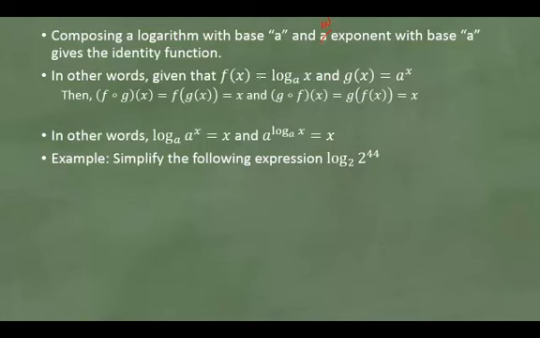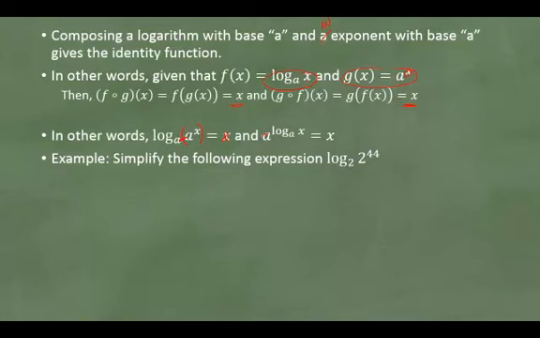In other words, if you have a function f of x equals log base a of x and g of x equals a to the x power, and if you compose them in whatever direction, f of g or g of f, you should always get just x out of that. In other words, taking log with a base a of something that already has a base a will cancel out the bases, and you're left with just the x.